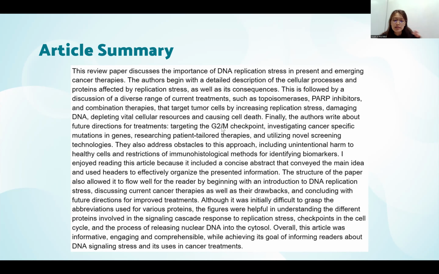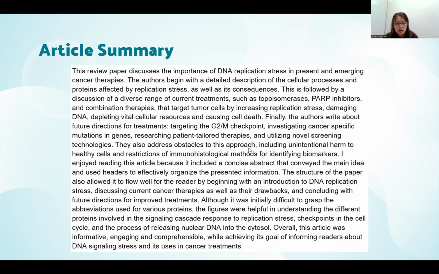I looked at specific proteins in the discussion section, but that's not super important. What's most important is that you understand what the paper is talking about. As long as you know that it's talking about the importance of DNA replication stress in present and emerging cancer therapies, that's sufficient.